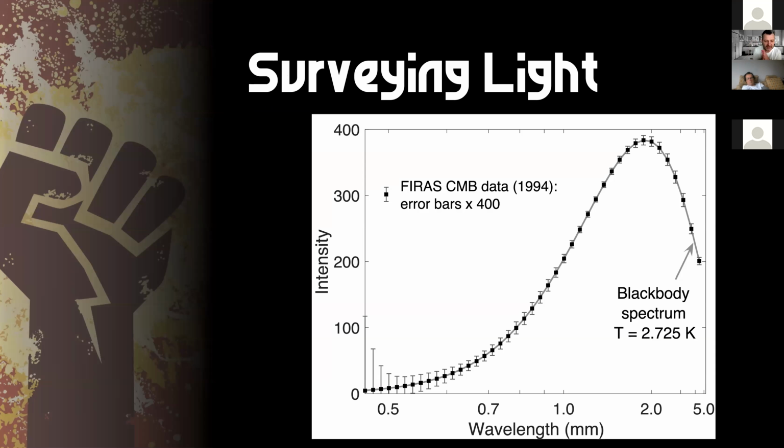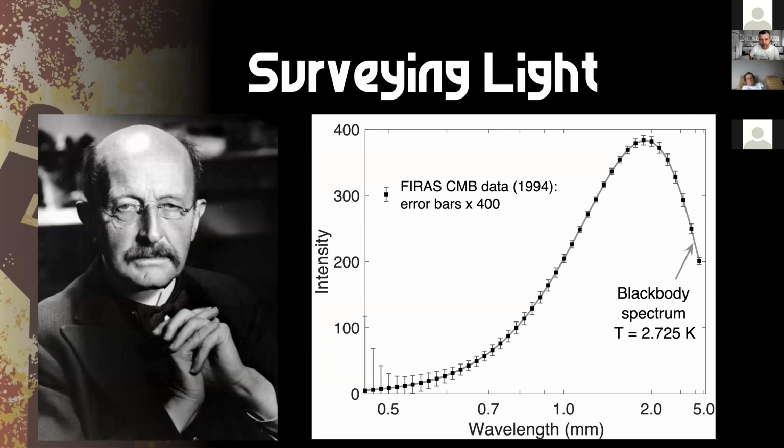Now, the solid line that goes through those data points is a fit to the data of a black body spectrum. Now, again, some of you will have encountered a black body spectrum before, but this was derived, I should say, by Max Planck, working essentially in 1900.